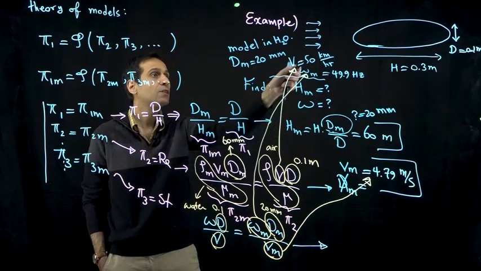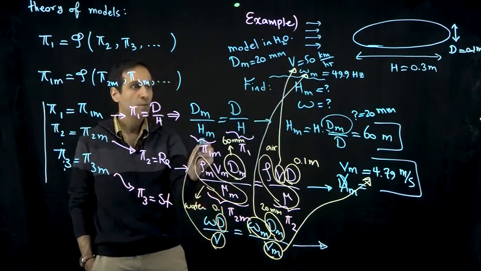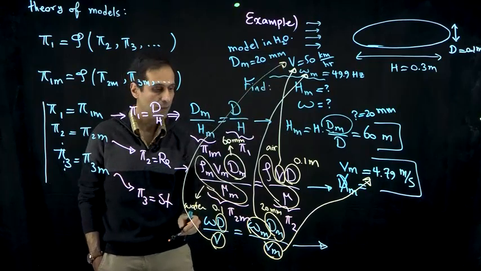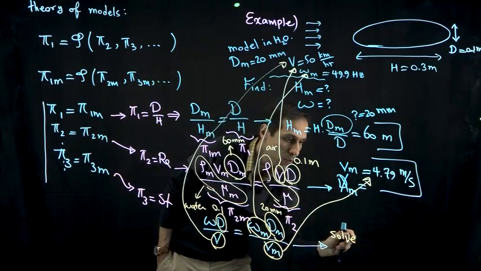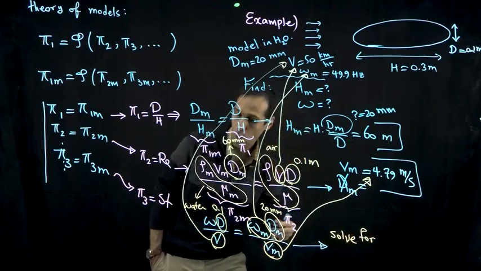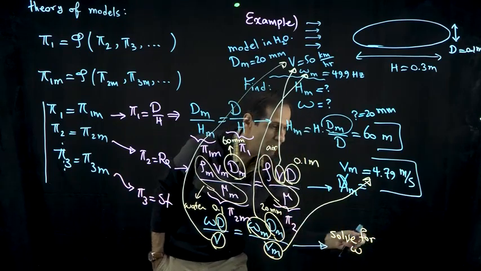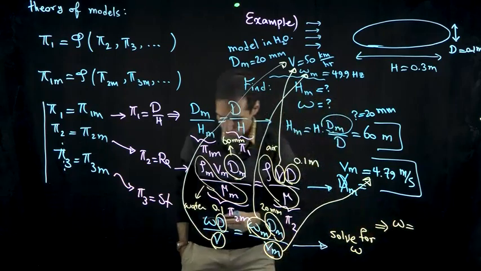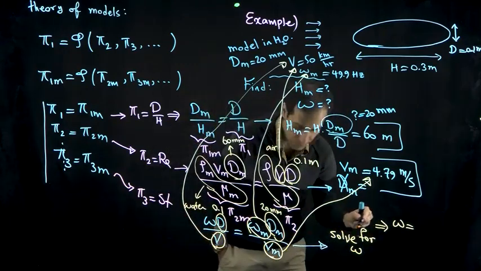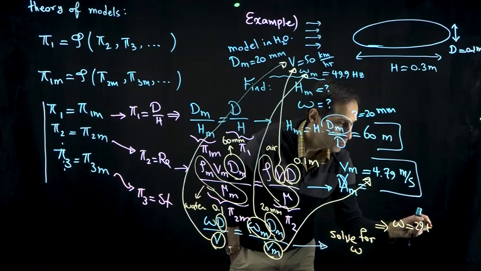V is the real velocity, which is still given. Then you can solve for omega. And therefore, omega would be 29 hertz.